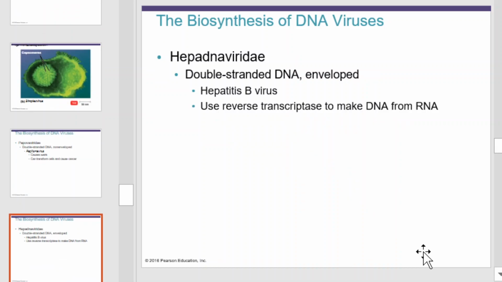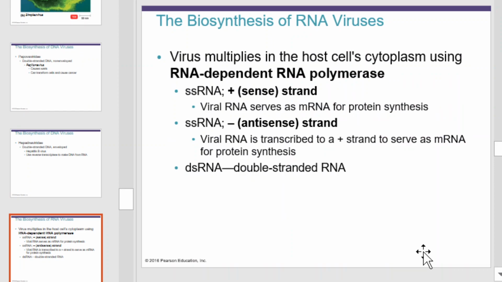Hepadnaviridae are double-stranded DNA enveloped viruses that cause hepatitis B. They use reverse transcriptase to make DNA from RNA. Viruses can multiply in host cells' cytoplasm using RNA-dependent RNA polymerase.